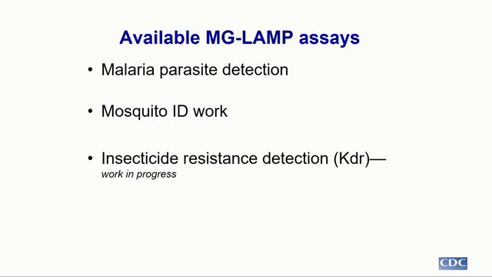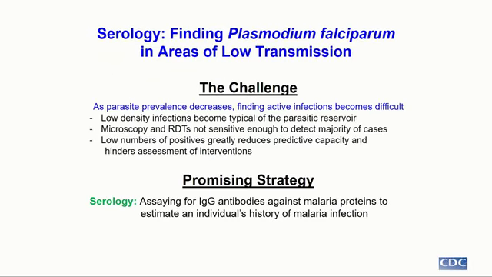Serology has some unique opportunities in understanding transmission levels. Chris Drakeley has pioneered this approach, and we have joined a collaboration with him to further improve the utility of serology for field applications in understanding transmission dynamics.